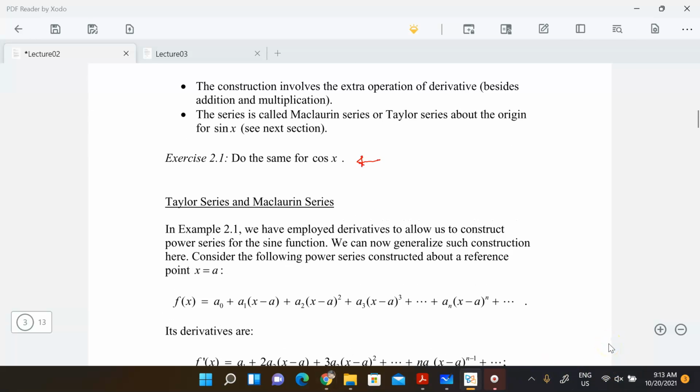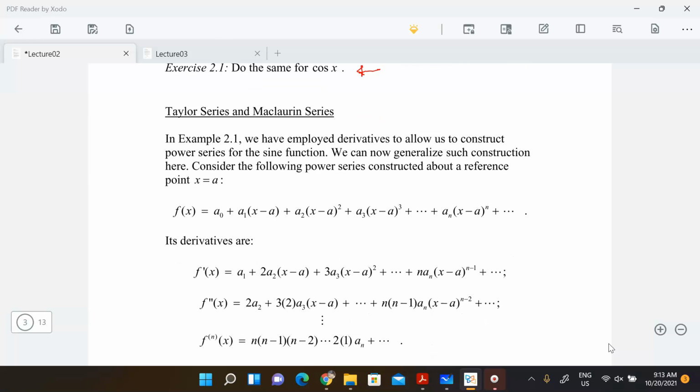Now, let me go to the idea of Taylor series. The idea is like the example that we gave for the sine function. The sine function, we know, is a smooth function. That means no matter how high an order of derivative we take, it is always well defined. So if you assume the function is smooth, then one can do the same for any function.